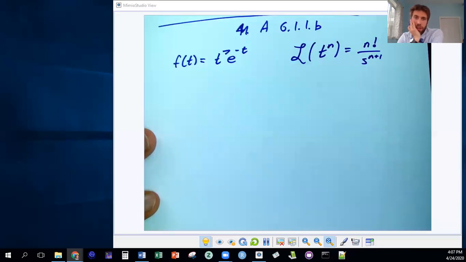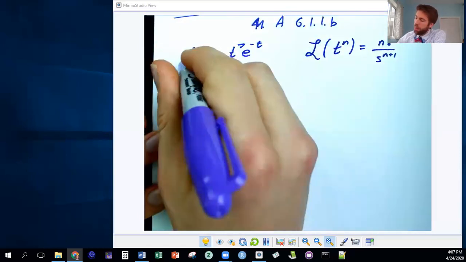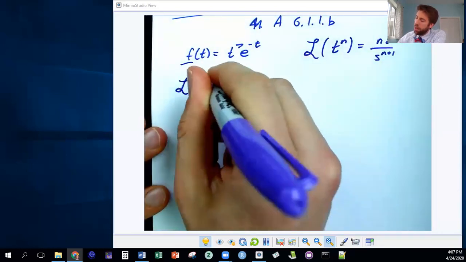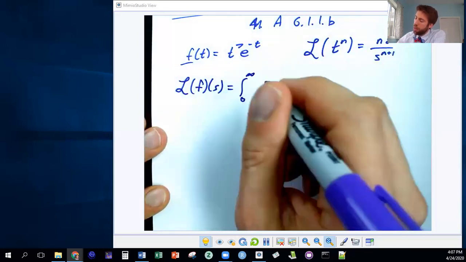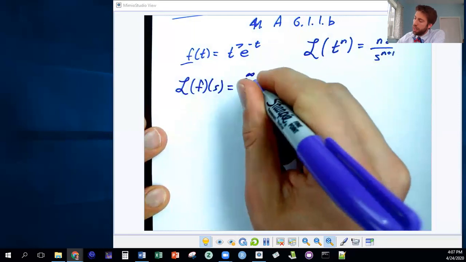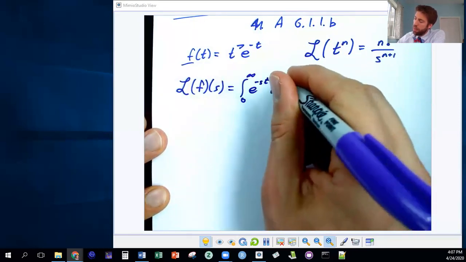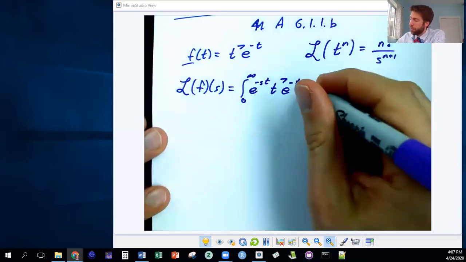Then let's use that here. So I'm going to take the Laplace transform of this. With this f, the Laplace transform, fancy L, of f of s equals the integral from 0 to infinity of e to the negative st, then times f of t, t to the 7th, e to the negative t, dt, of course.